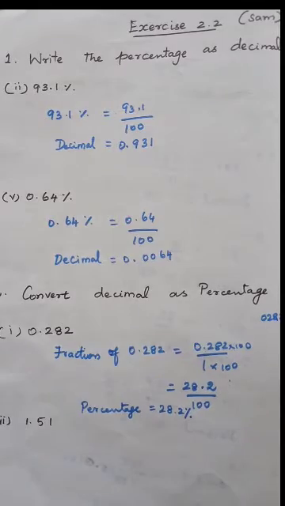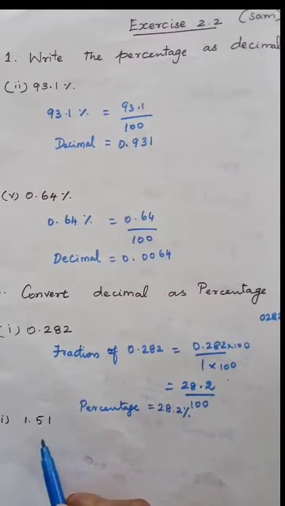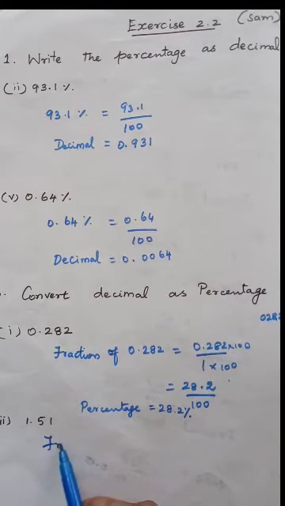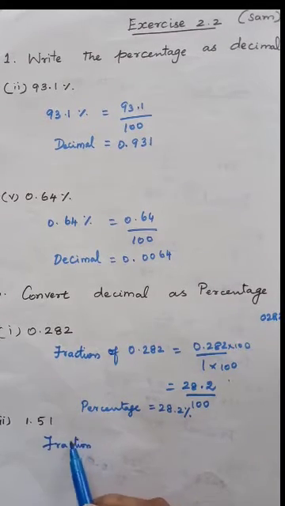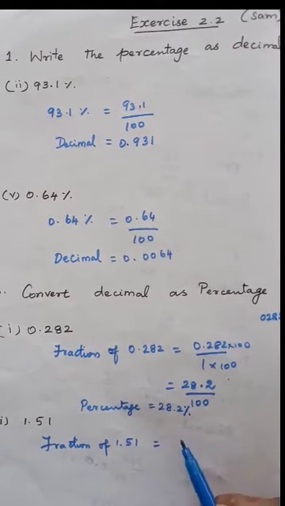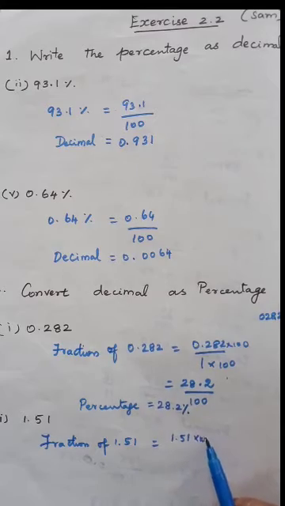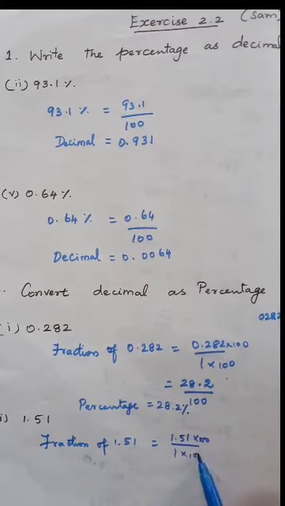Then we shall move to the 1.51, second problem. Then fraction. We have to write first the fraction of 1.51, which is equal to 1.51 into 100 by 1 into 100.